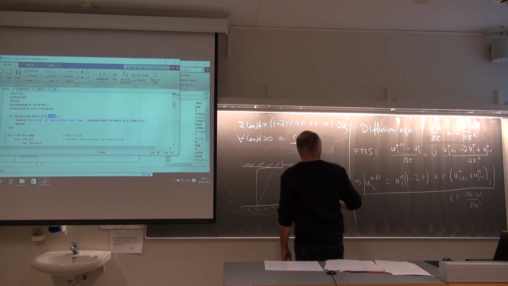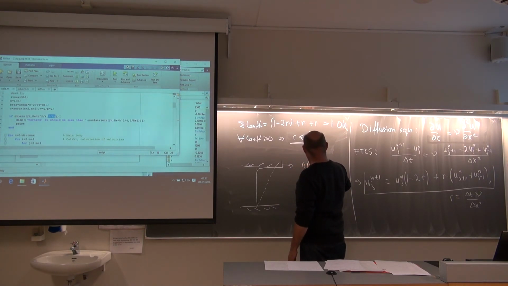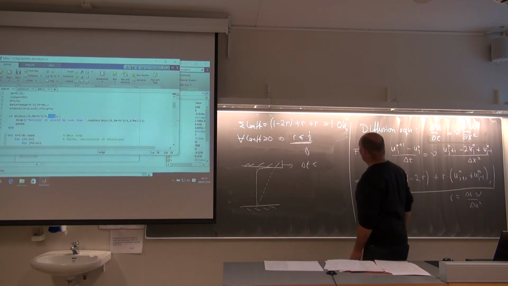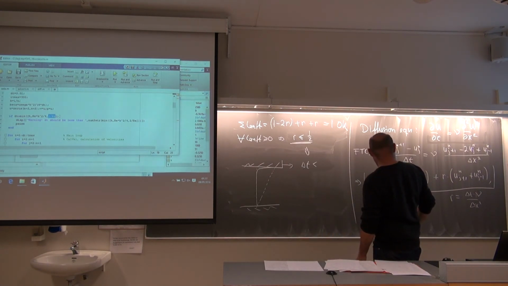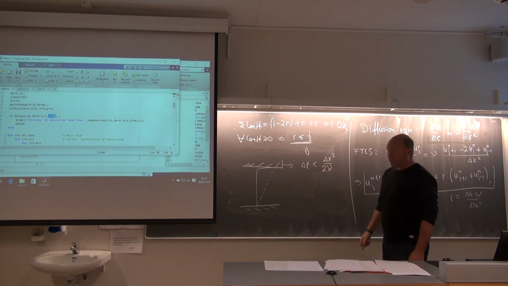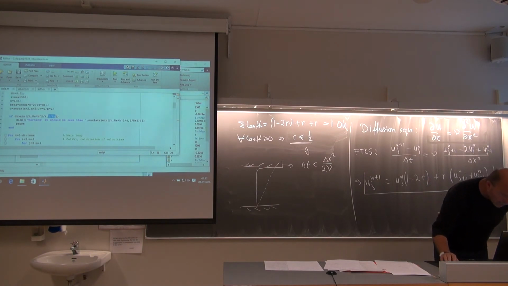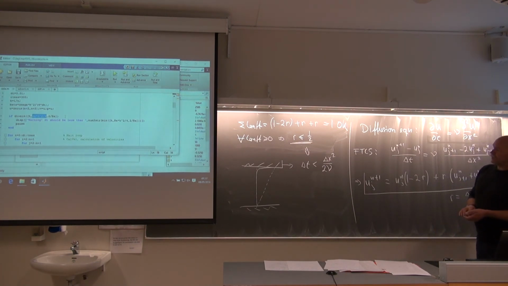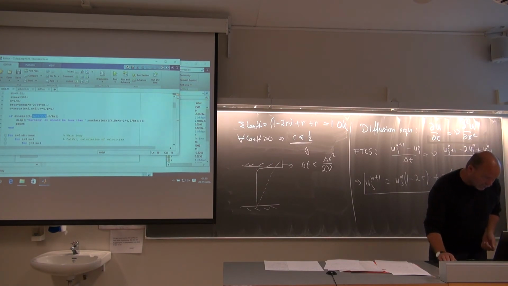This should then imply delta t must be smaller than, what will it be? 1/2 times delta x squared over 2 times viscosity. So actually it will be this amount. It will be a little bit different in 2 dimensions. So yes, this one is also listed.